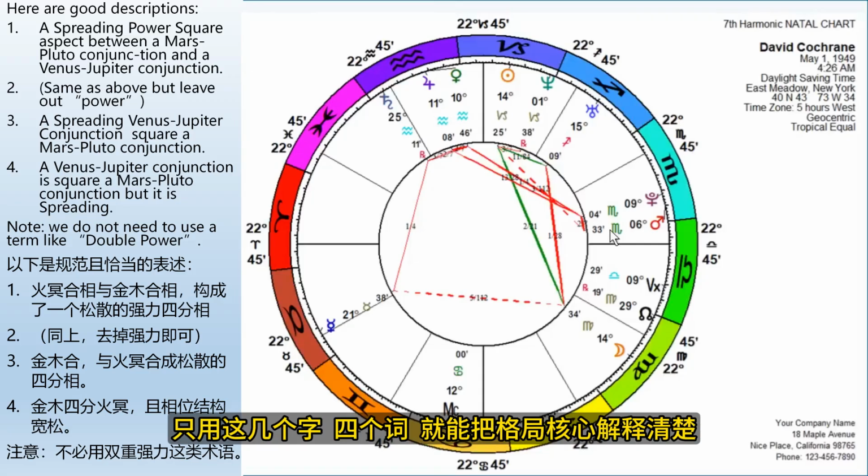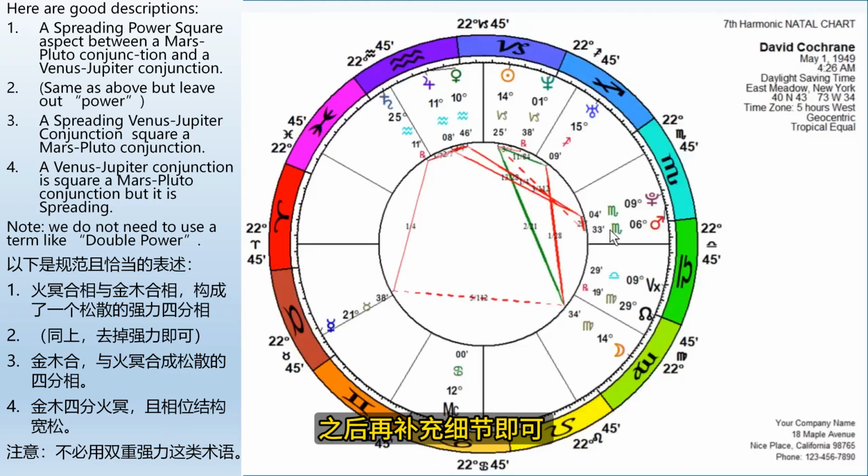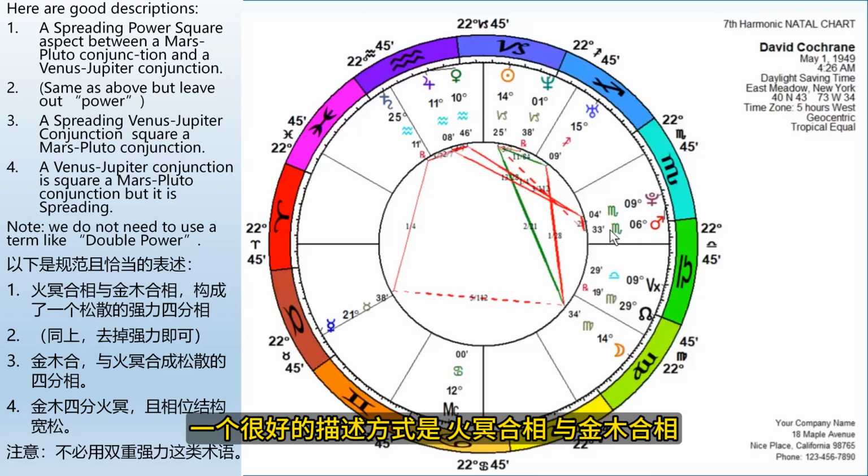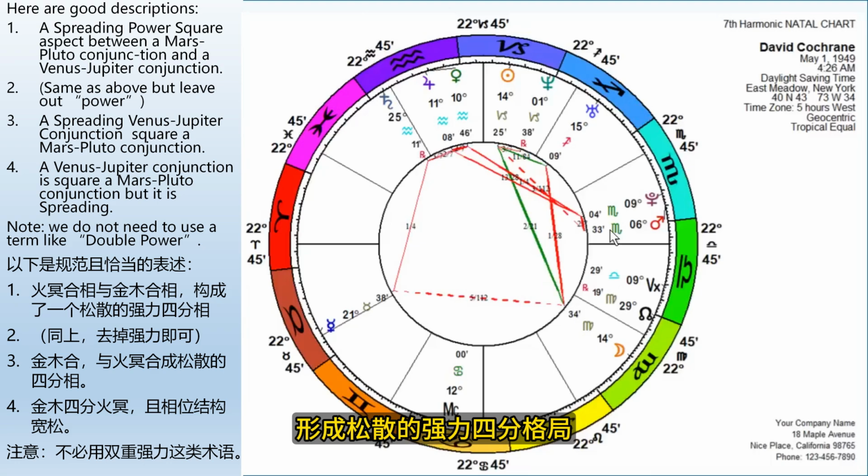So in 4 words, we describe basically what we're talking about, and then we can fill in the details. One of the arts of communication is to convey the basic idea and then fill in the details. So a good description, not the only one, but a good one, is a spreading power square aspect between a Mars-Pluto conjunction and a Venus-Jupiter conjunction.